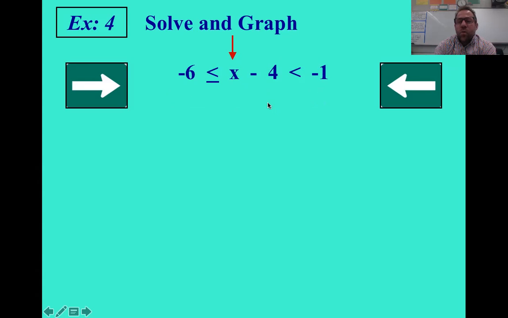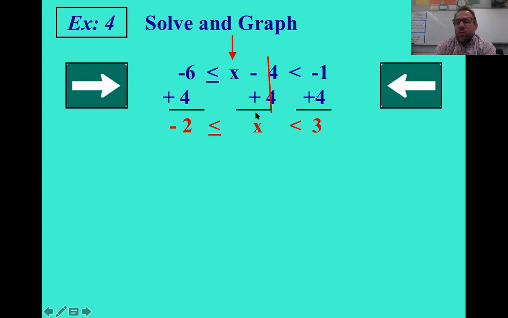If I add 4, I have to do it on this side of this inequality, and I have to do it on this side, because it's really 2 inequalities. We're doing two problems at the same time. So I'm going to add 4. So those cancel. -6 plus 4 is -2. And over here, 4 minus 1 is 3.